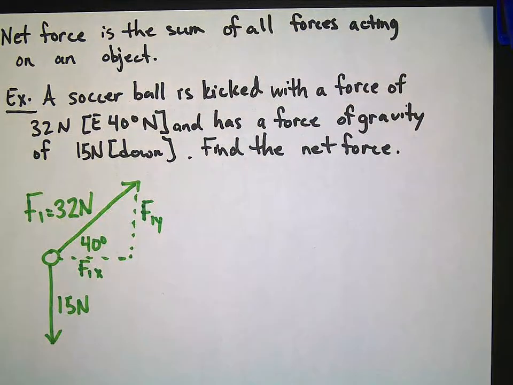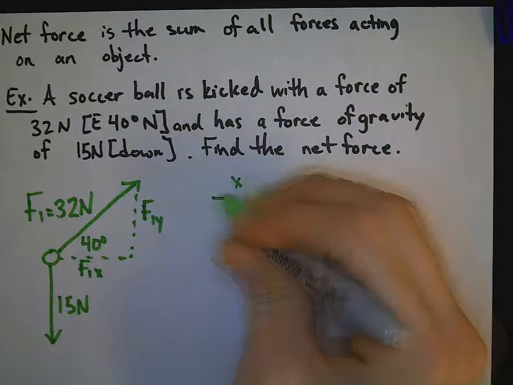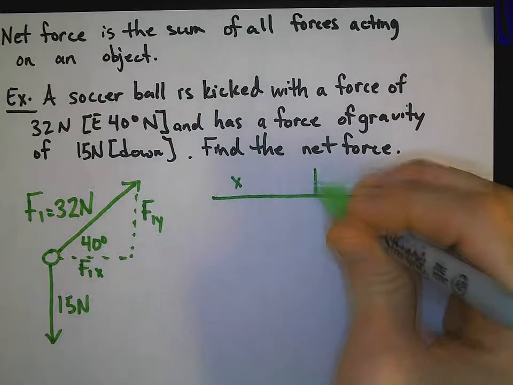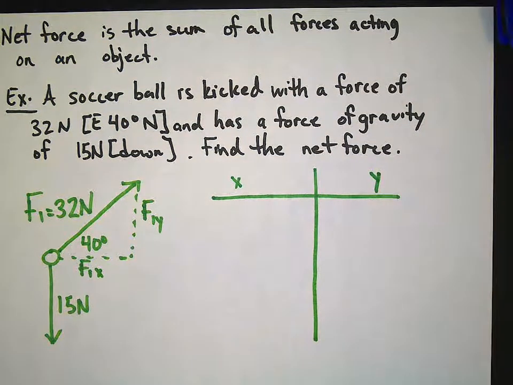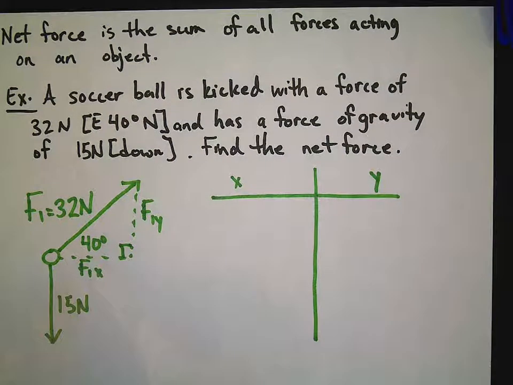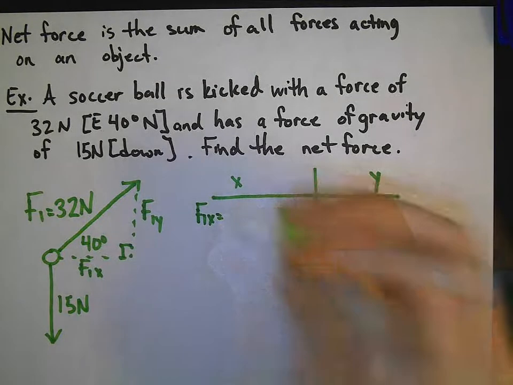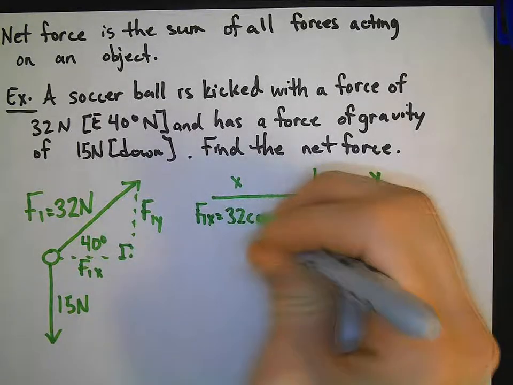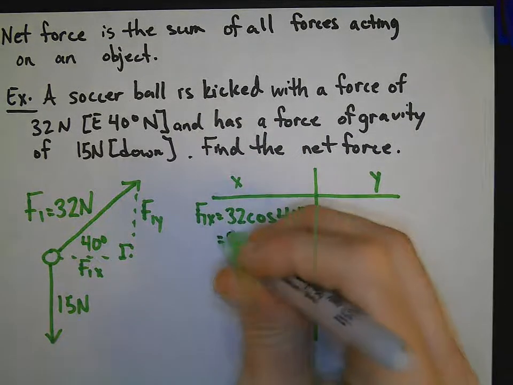So to determine the net force acting on the object, we'll break this question down into its x and y components. We assume that that is a 90-degree angle, and I see that Fx in relation to 40 degrees is on the adjacent. So F1 of x will be 32 cosine 40 degrees, and calculating that is 24.5 newtons.